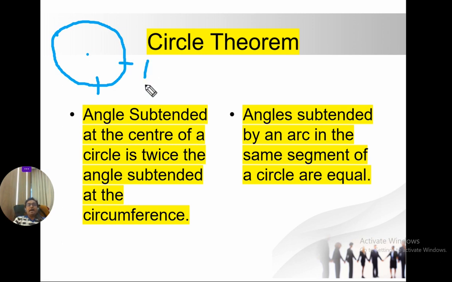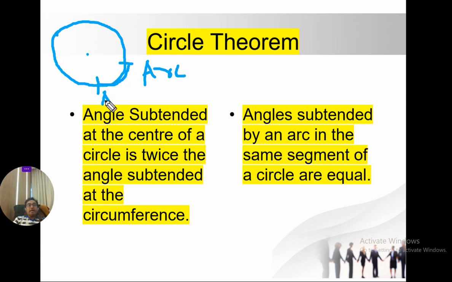So this is an arc. While we are cutting out a portion from the circle, there are two arcs. One is the minor arc, another one is the major arc. The small one is the minor arc, and the bigger one is the major arc.